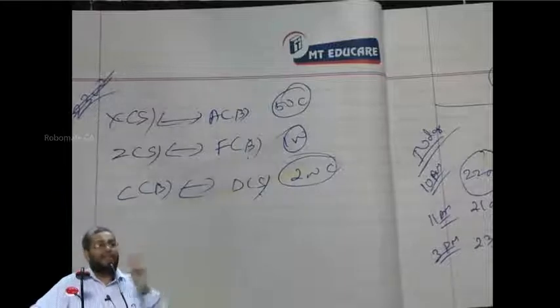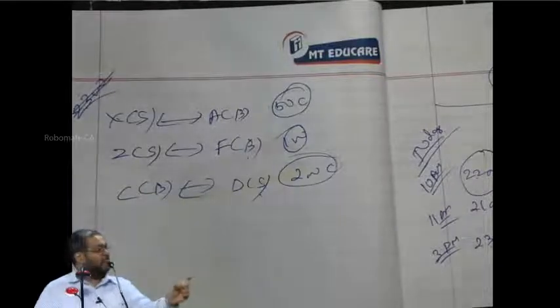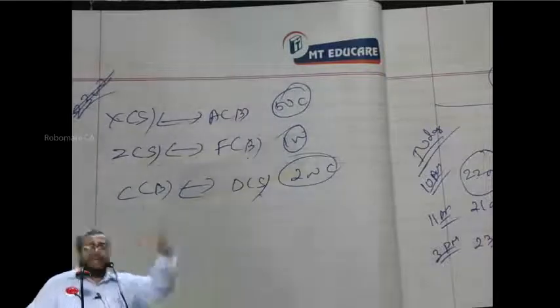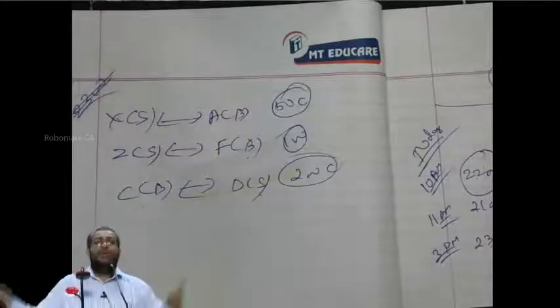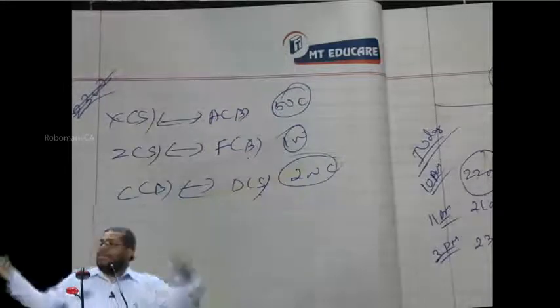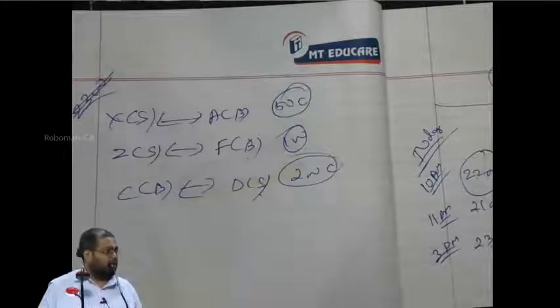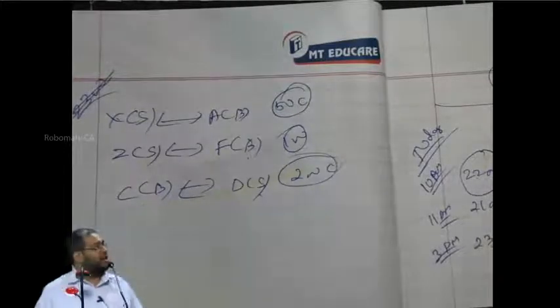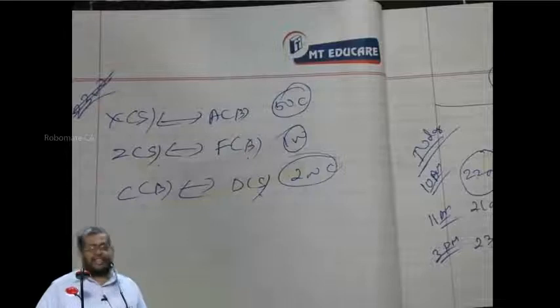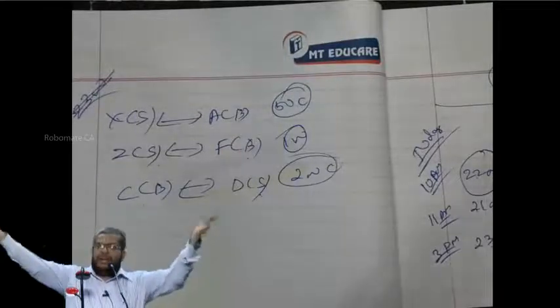Understand that three things can happen in a transaction. When a futures contract is entered into, it can be of three types. One is where the two existing parties are diluting their position: a buyer gives a counter sell, another seller gives a counter buy. In such a case, the open interest decreases.